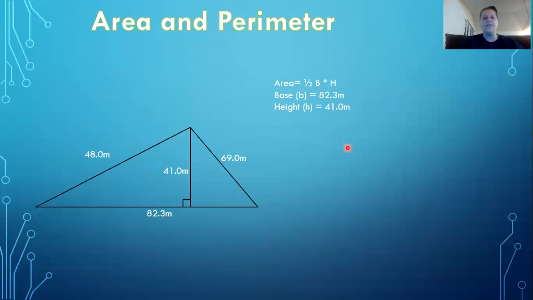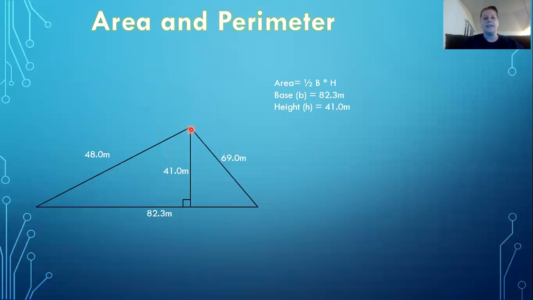Now the area of a triangle is 1/2 base times height. Our base in this triangle is 82.3. The base is just any bottom side of the triangle. Now this one is not a right triangle, but we are going to make one to get the height.